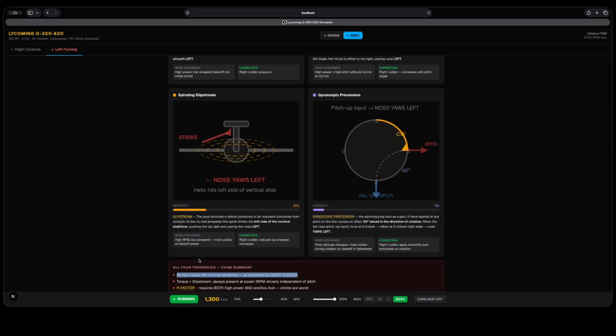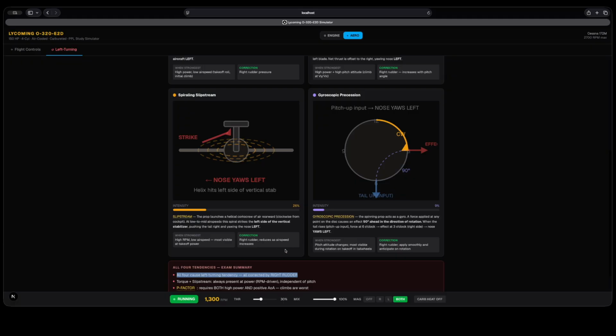Slipstream is something that happens while you're in flight at speed, so high RPM, low airspeed. The propeller creates a corkscrew of air that actually rotates the aircraft around. And again, right rudder is the correction.